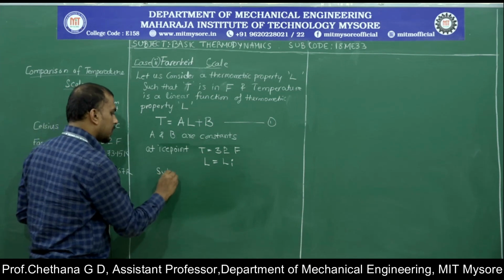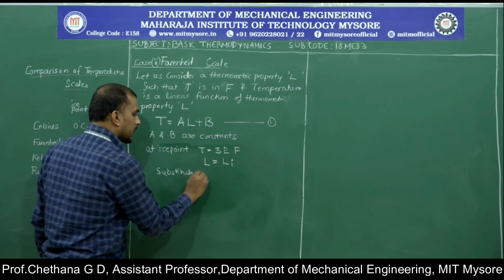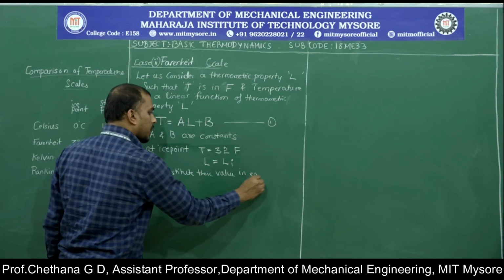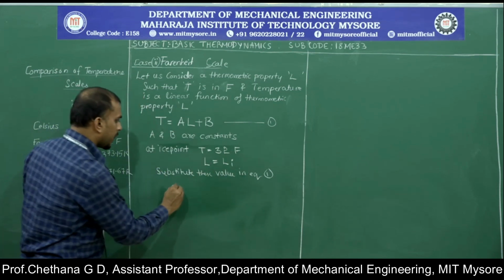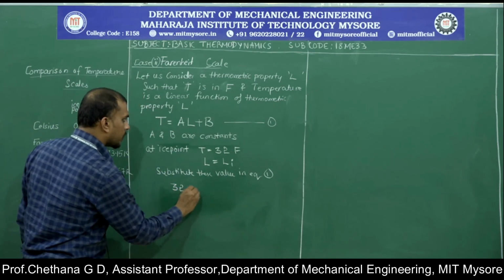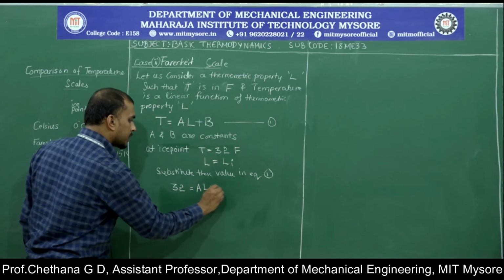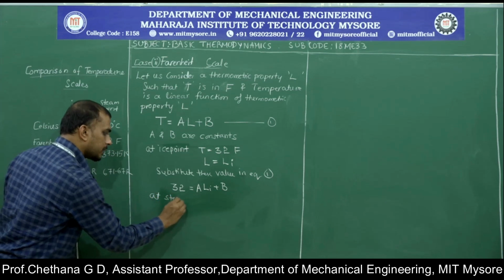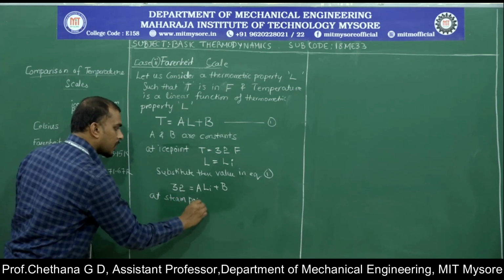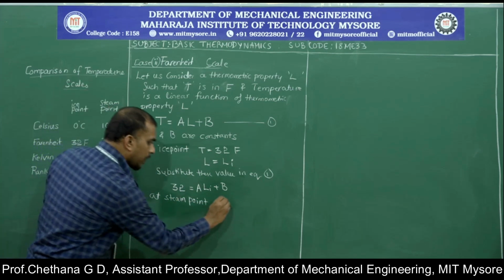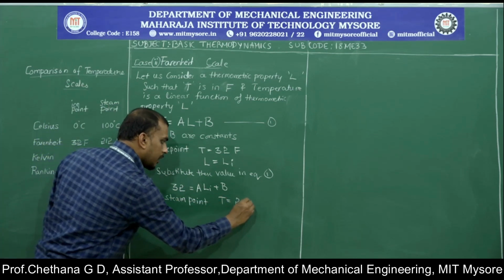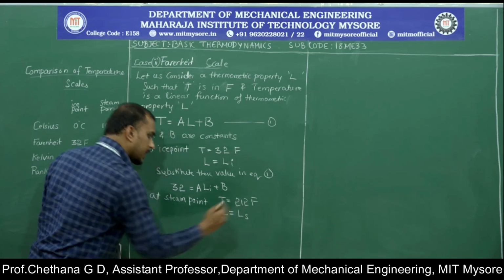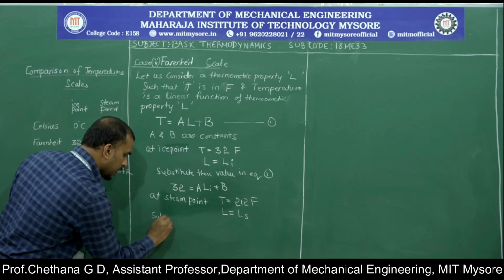Substitute these values in equation 1. What we get is 32 is equal to A Li plus B. Similarly, we know at steam point the temperature is 212 Fahrenheit, and you can denote the length as L suffix S. Substitute this in equation 1.